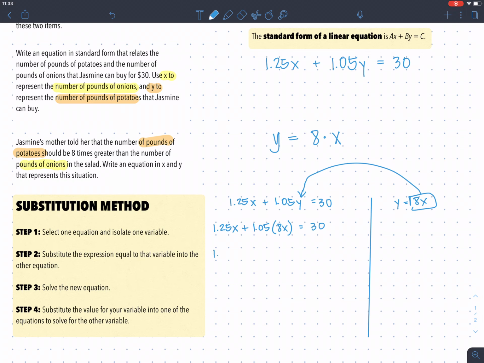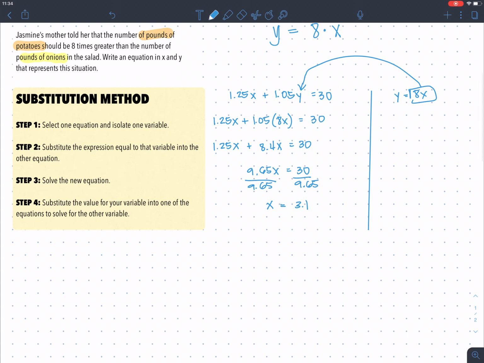Then I have 1.25x plus 8.4x equals 30. And then I'm going to combine like terms, and I'm going to get 9.65x equals 30. And I'm going to divide both sides by 9.65. And I'm left with x is equal to 3.1.